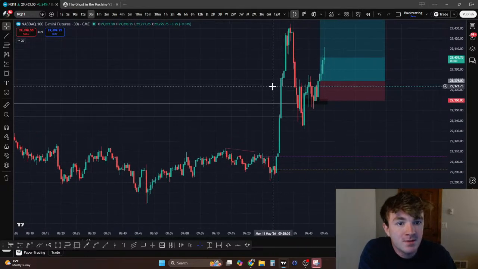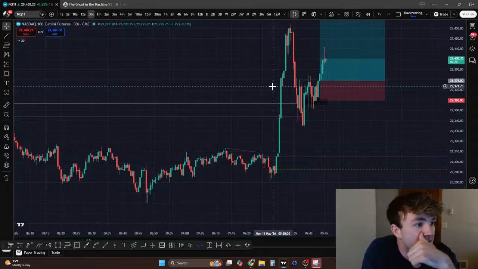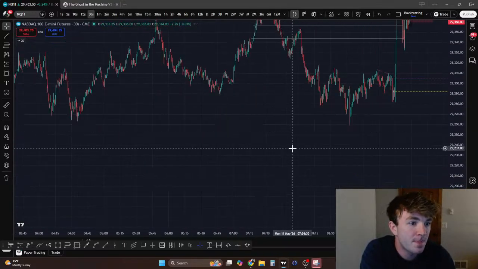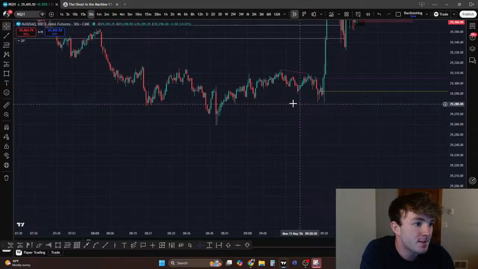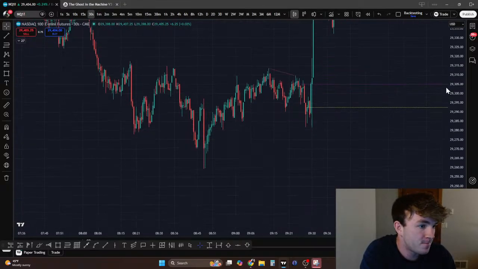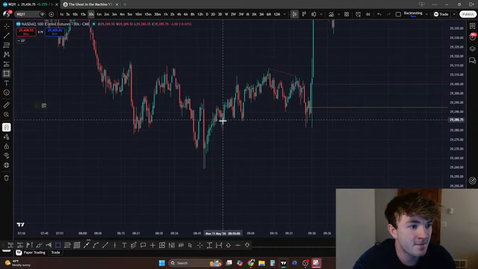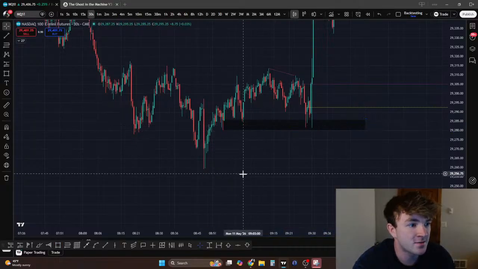Can you explain rejection block and breaker block? I've been struggling to identify those. A rejection block is just a wick. This is a rejection block right here, okay? That's a rejection block.